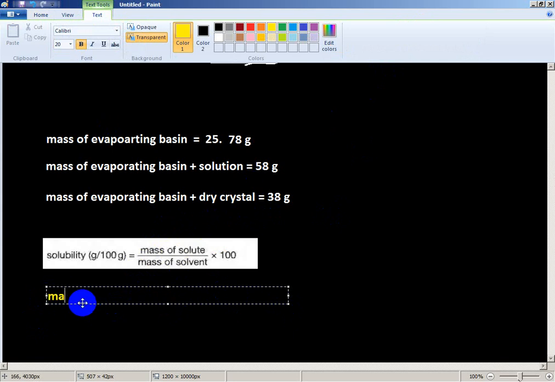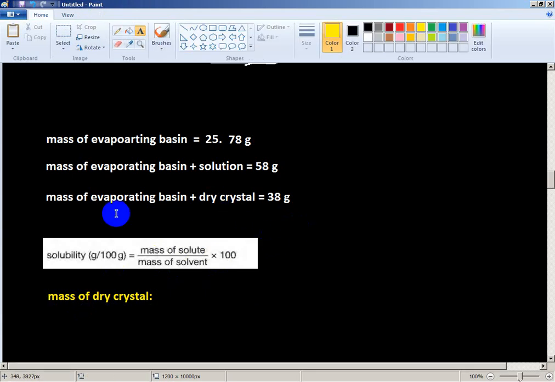So how can I find the mass of dry crystal? Here is the mass of the evaporating basin and dry crystal.